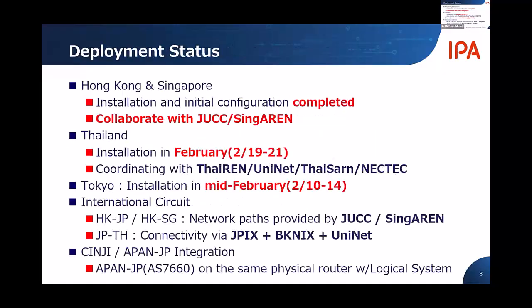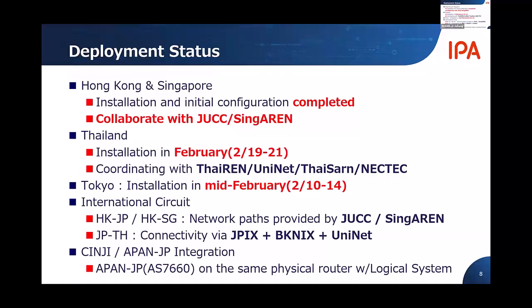Development status: let me briefly update the development status of end-to-end training connectivity. In Hong Kong and Singapore, the initial collaboration has already been completed. For Thailand, we are starting development in February, and we are coordinating the development schedule with ThaiREN, NECTEC, and Thailand.